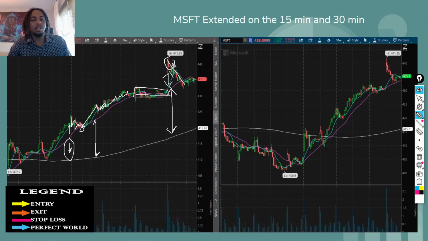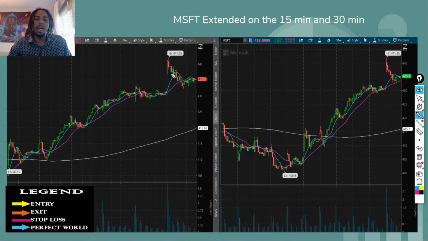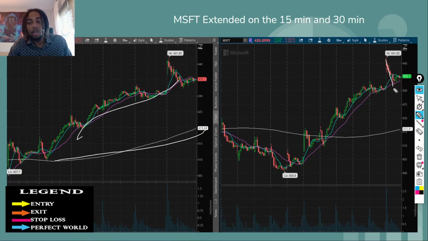Let's buy in, and it traps you in, and it actually was a selling opportunity, not a buy opportunity, right? And this is the 15 and the 30-minute chart. So you can see on the 15-minute chart, we got that extended state, and on the 30-minute chart, we got that extended state. So honestly, that should have been my first sign of this could take longer to play out, right?